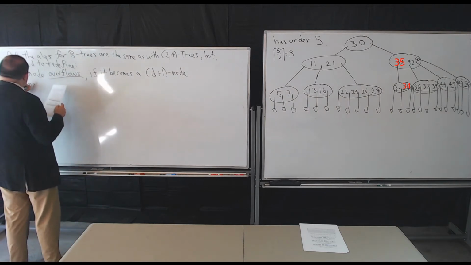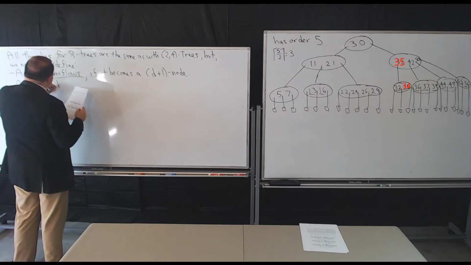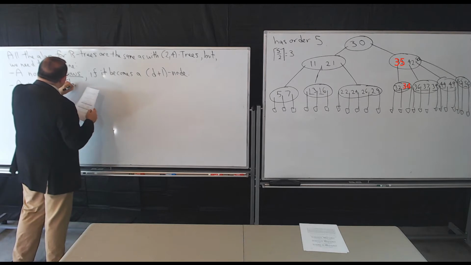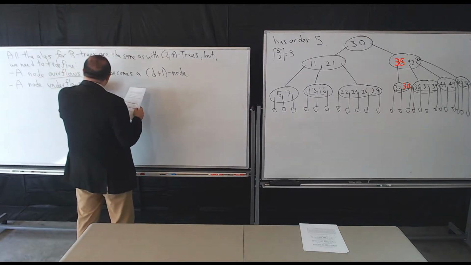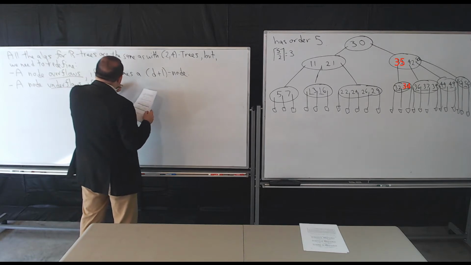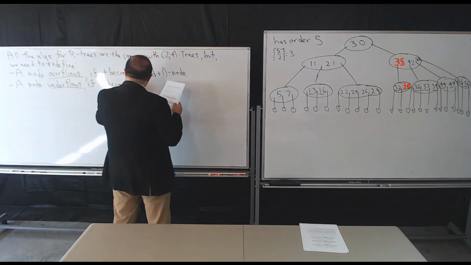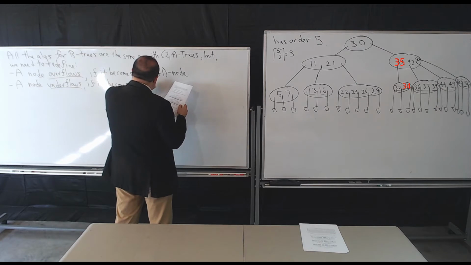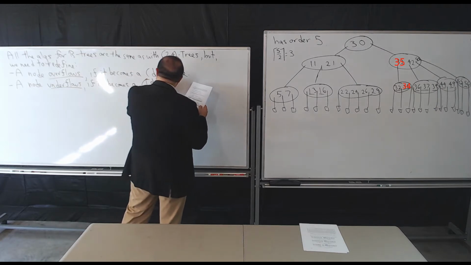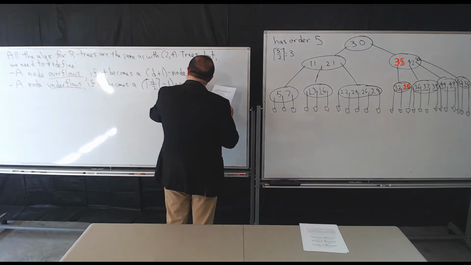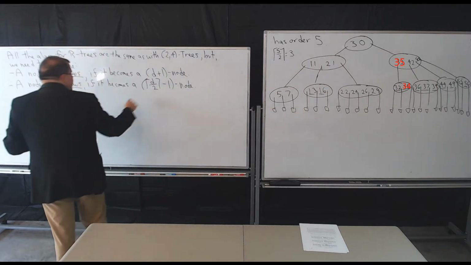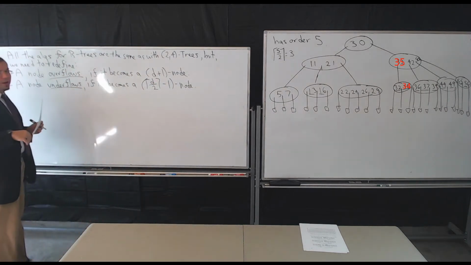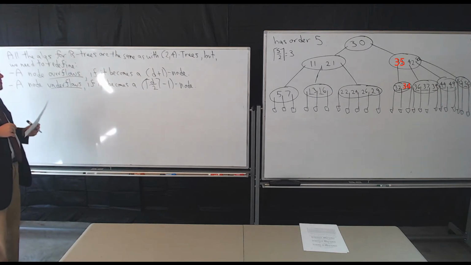And lastly, a node underflows if it becomes the ceiling of D over 2 minus 1 node. So how many keys does a D over 2 minus 1 node like this have? Well, it's 1 less than this, right?